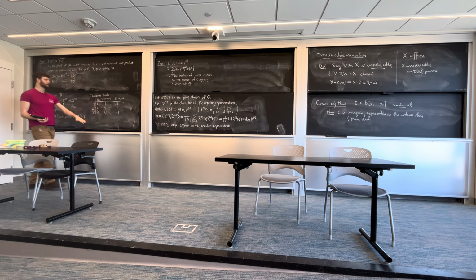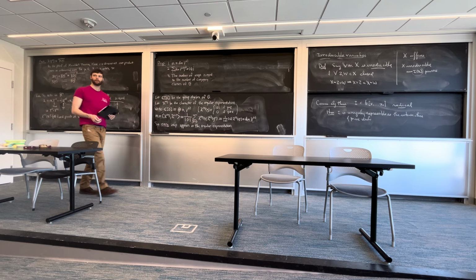And so then this is telling us that actually the number of rows is also the number of conjugacy classes. Okay?